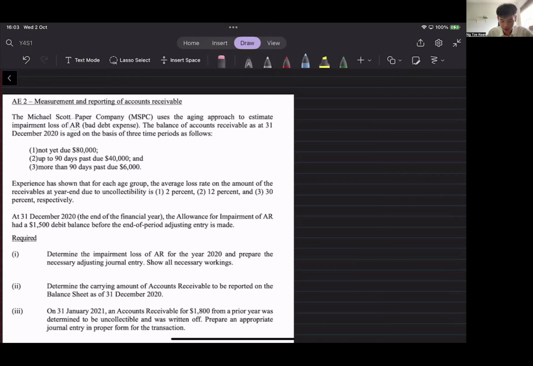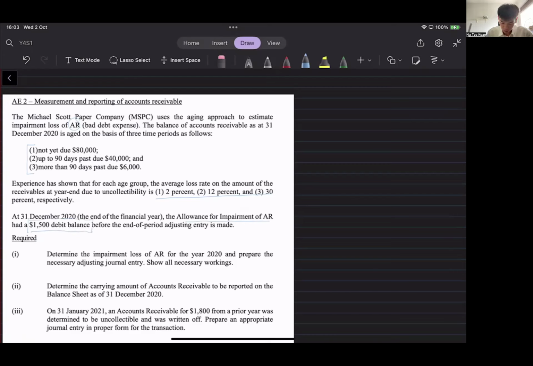And we are given the AR for different time periods down here. And we are also given the average loss rate down here. And the last item that we are given would be the allowance for impairment of AR holding a debit balance.